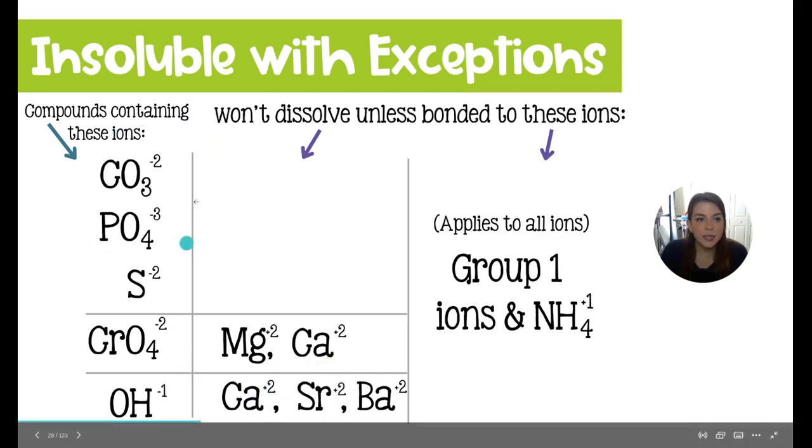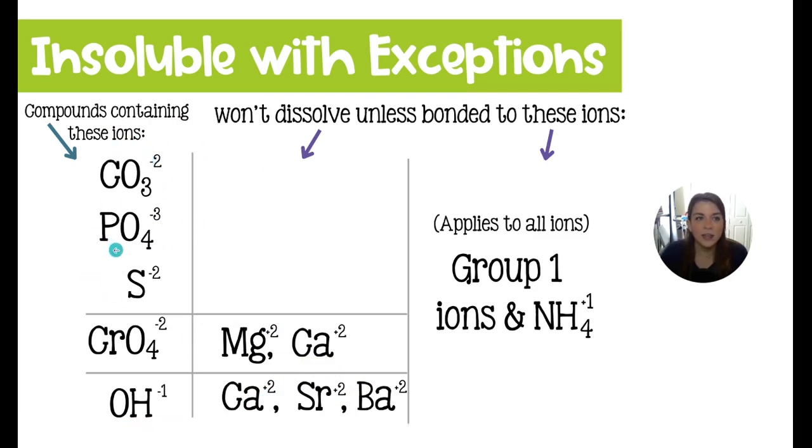So again, these ions really don't like to dissolve. They like to stay bonded to whatever ion they are bonded to, but if they are bonded to these positive ions listed here, then they actually will dissolve.